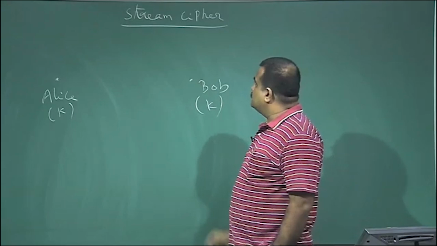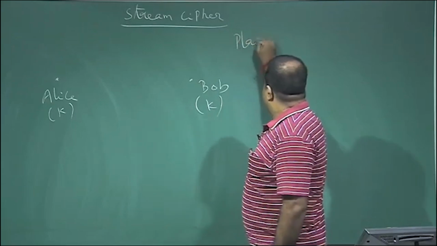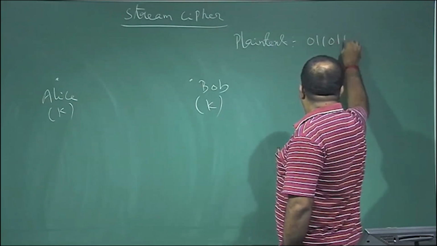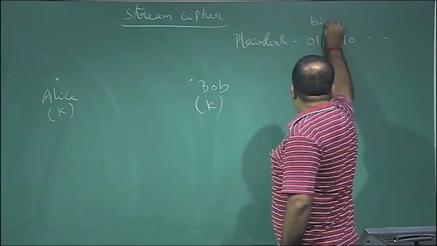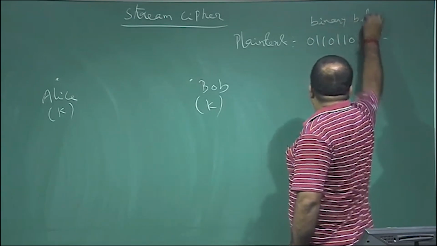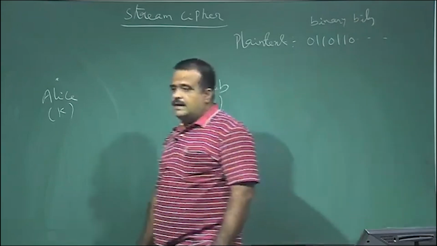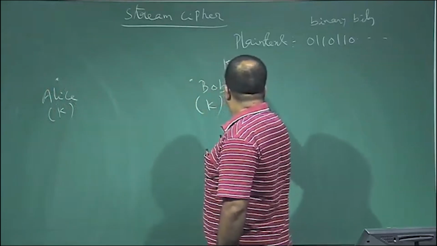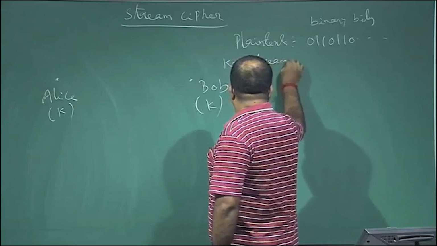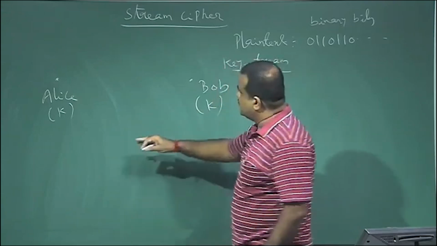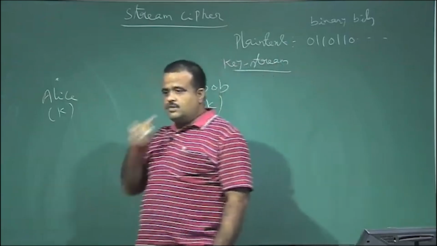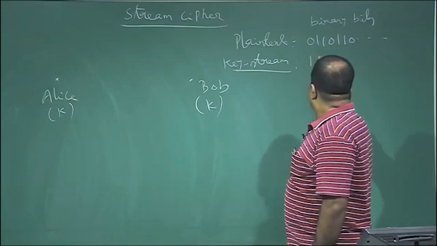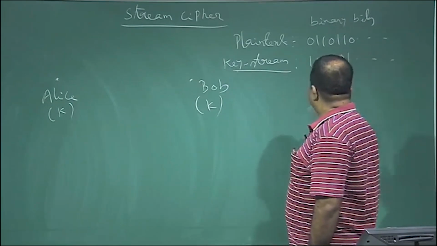In stream cipher, usually the plain text is in binary bits, 0 1 bits. And we have a key stream generator which can generate the key stream bits, which are also binary bits, 0 1 bits, 1 0 1 1 0 1 like this.